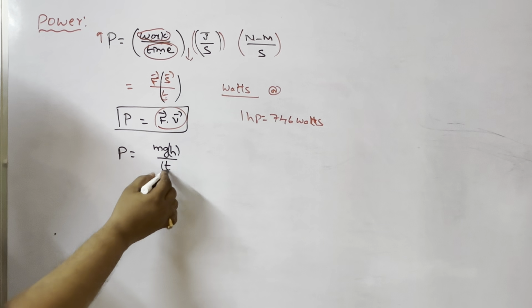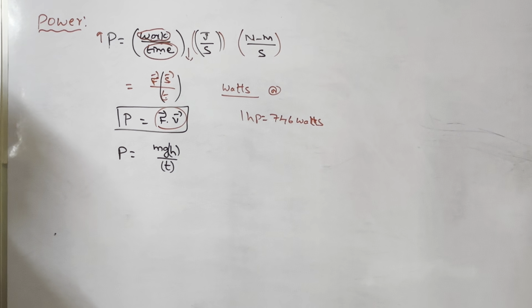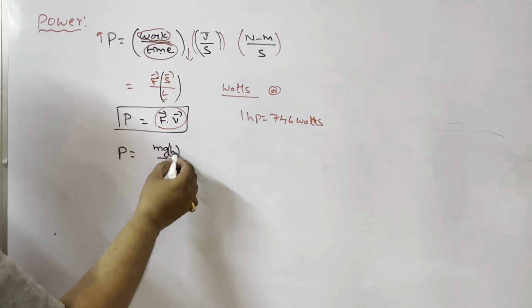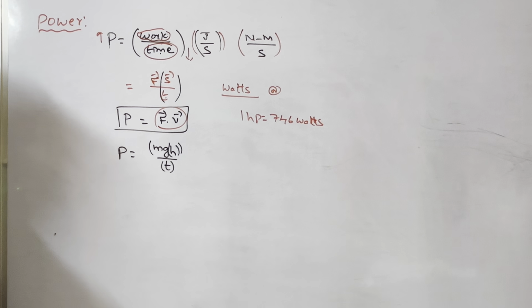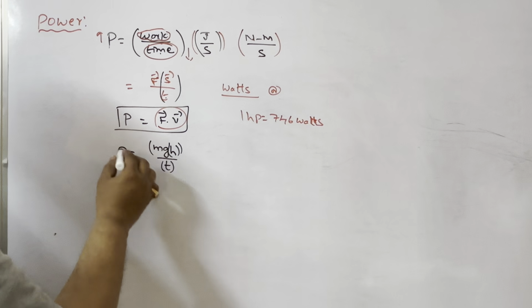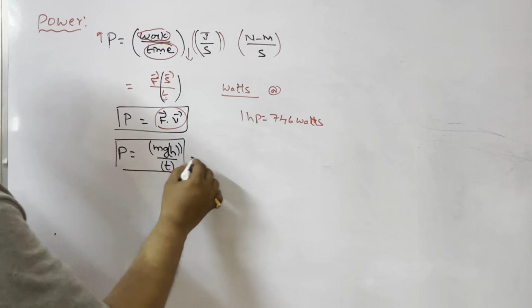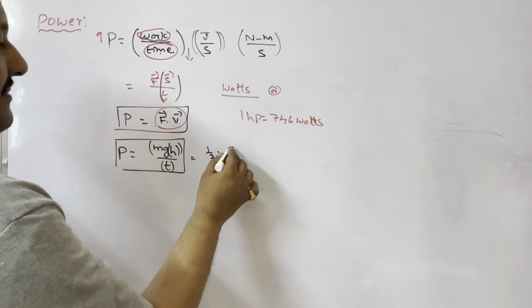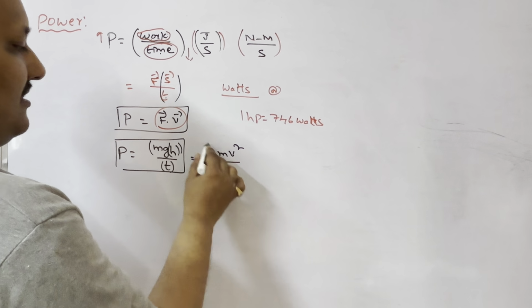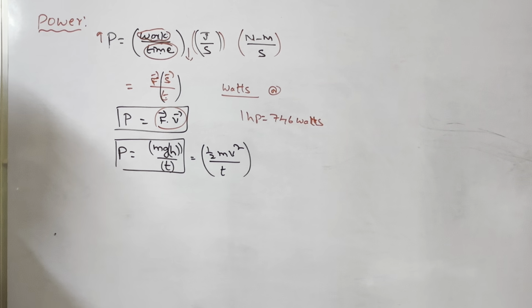Whoever goes in less time has more power. All of them go the same height, all of them get the same potential energy. Correct? mgh by t. Similarly, if you have velocity, the energy or work can be written as half mv square by time.